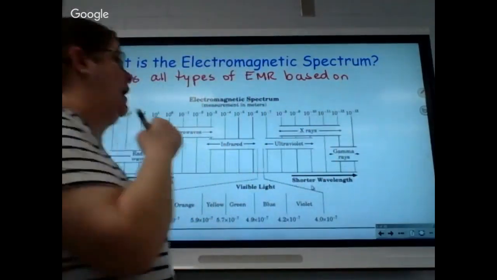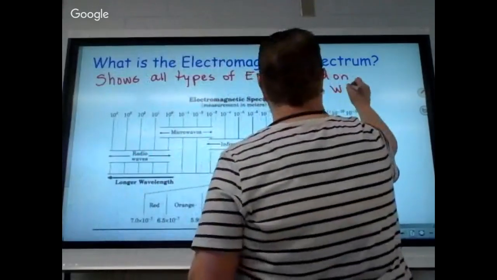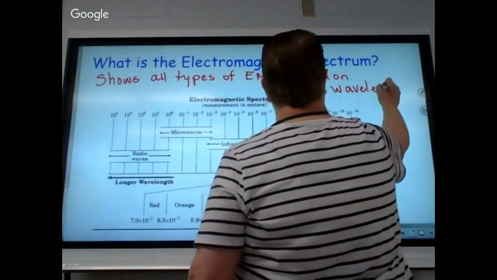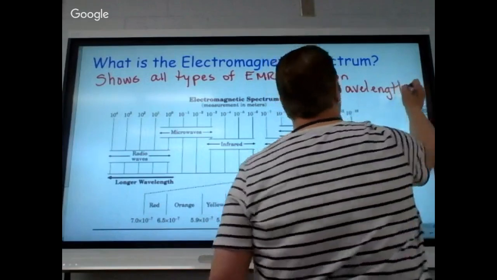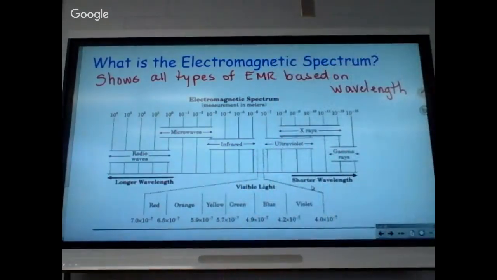Wavelength. Some spectrums will show both wavelength and frequency. Ours only shows wavelength because you are required to know the relationship between wavelength and frequency, which we're going to learn today.